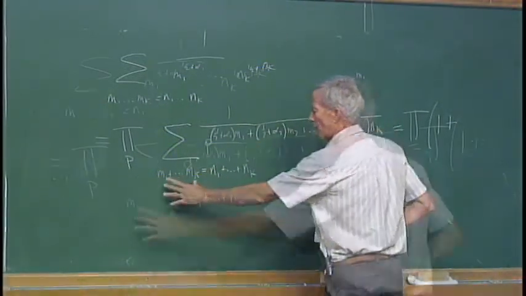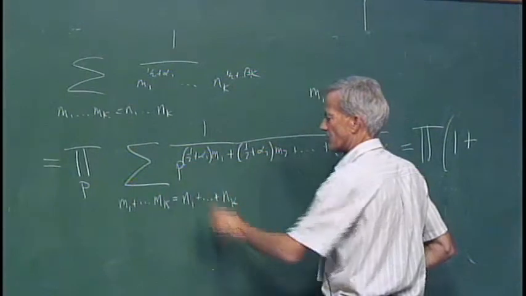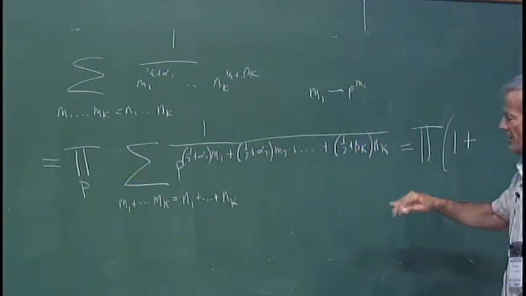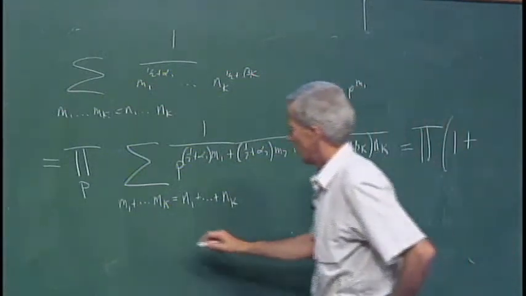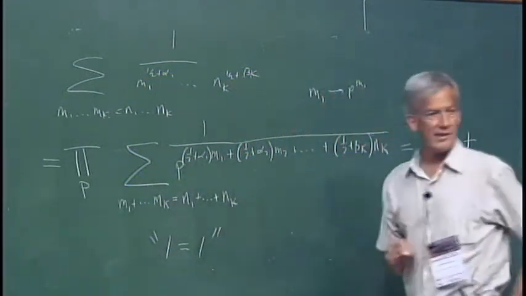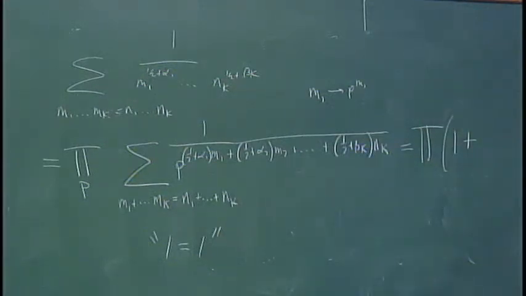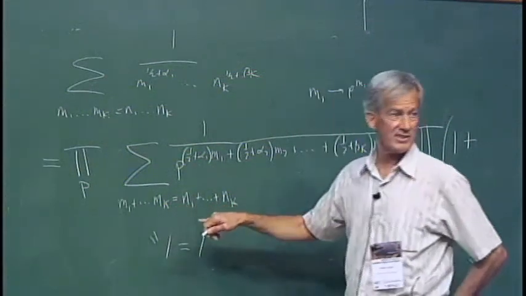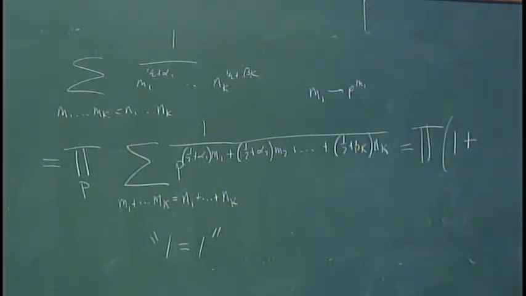Whatever these are equal to, the sum of the m's times a half equaling the sum of the n's times a half, the only time we're going to get poles out of this is the 1 equals 1 situation. So you can take one of these things over here to be a p and one of these things over here to be a p, and that's really the only thing of interest.